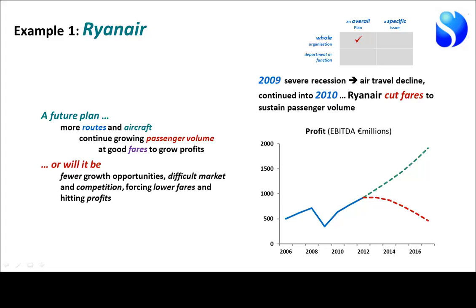And this is a very clear example of an overall plan for the whole organisation. This plan has to encompass: what are we going to do about growing the staff? What are we going to do about winning customers? What are we going to do about increasing capacity, maintaining service quality? It's the whole thing.